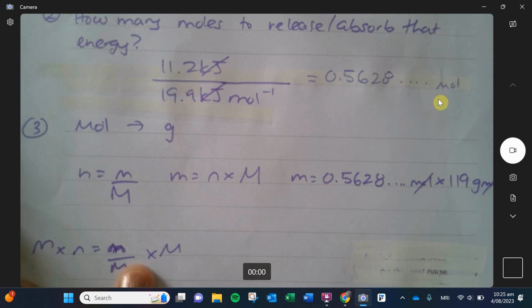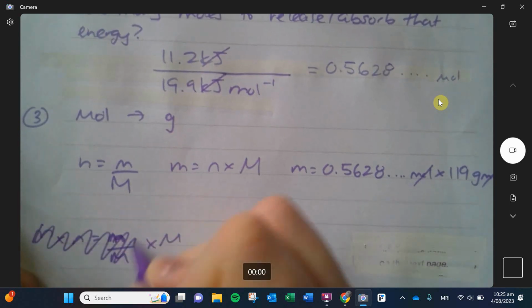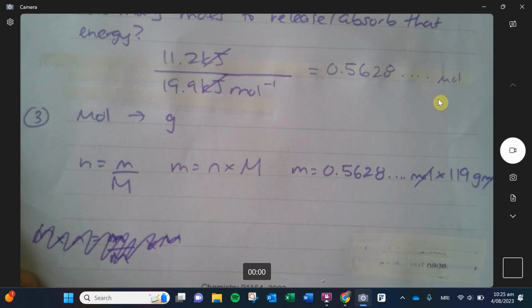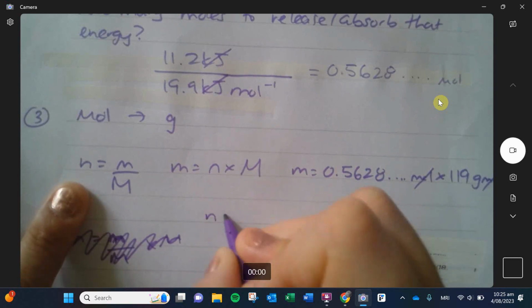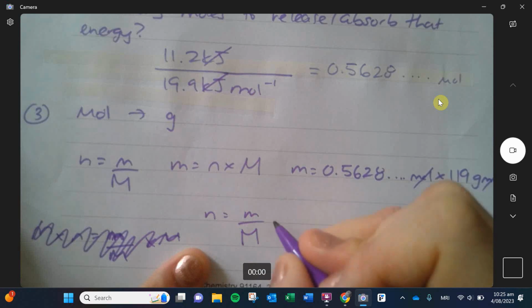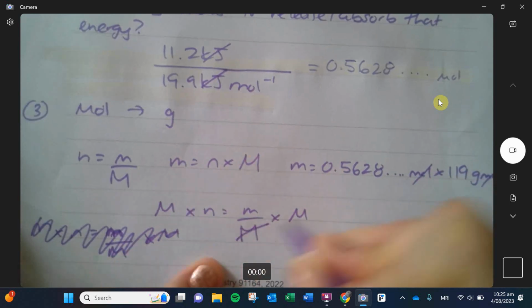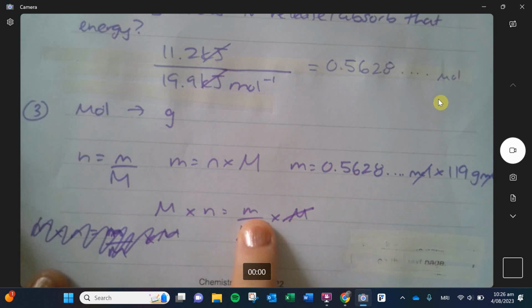Yeah, multiply both sides by molecular mass. How did I get that equation? Oh, now I remember. All right, so I had n equals m divided by big M. If I multiply both sides by big M, I get rid of the big M on that side, and then I have mass equals the amount times the molecular mass. That's how I rearranged it.